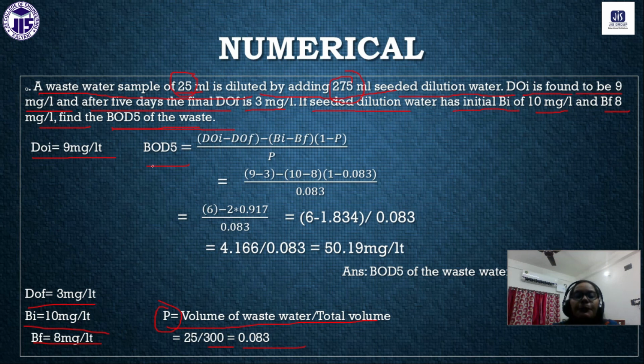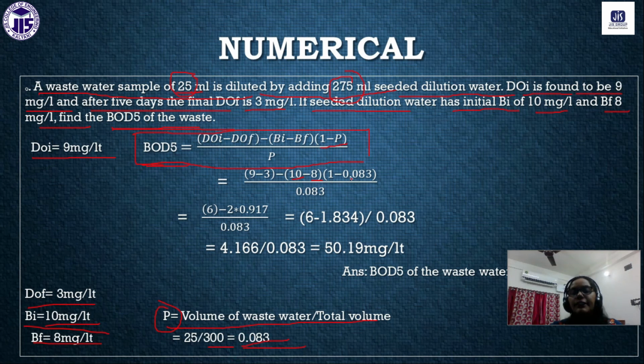Okay, so now you can understand that for BOD5 we should obviously use the expression of the modified BOD test for solving this numerical, understand? Where DOI is already given, 9 minus DOF, that is 3, minus the quantity BI, that is 10 milligram per liter, minus BF, that is 8 milligram per liter, multiplied by 1 minus P. 1 minus the P value you have already calculated.